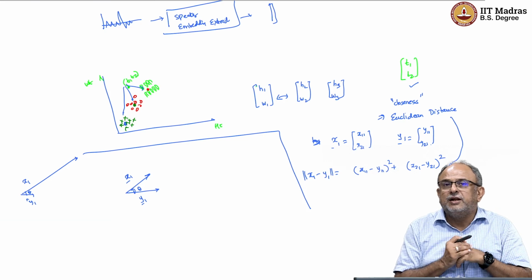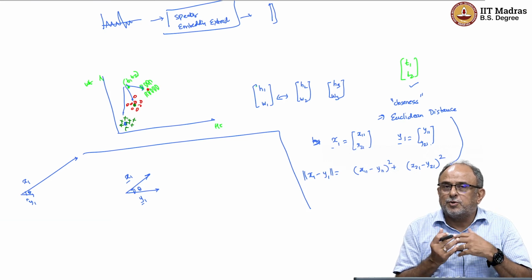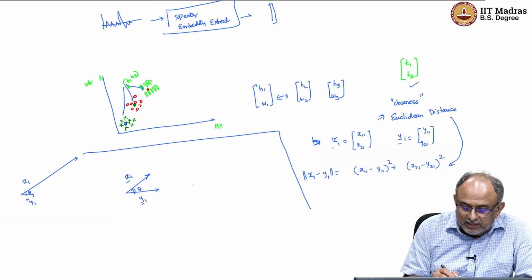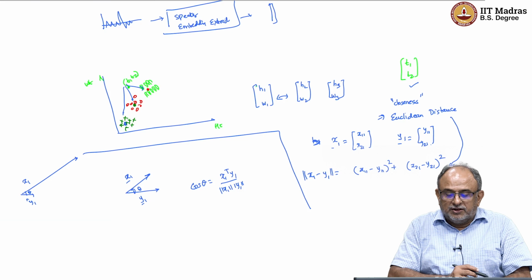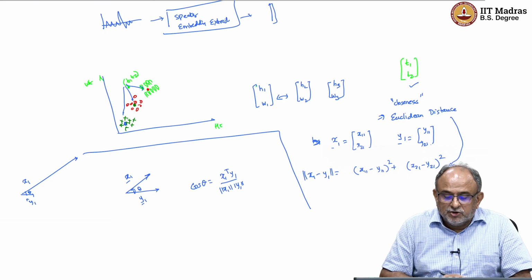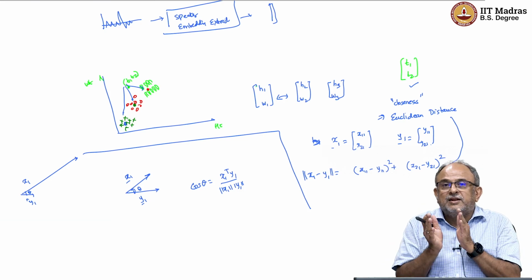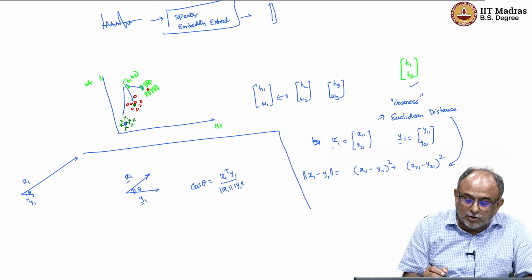You must have studied in 12th standard the cosine, the dot product basically. So cos theta is x1 transpose y1, the dot product of x1 and y1. You would have studied this kind of idea somewhere. When the angle is 0, that means they are lying on top of each other.